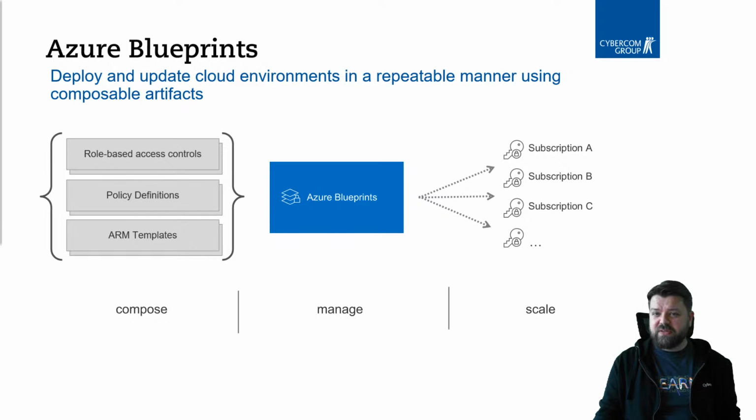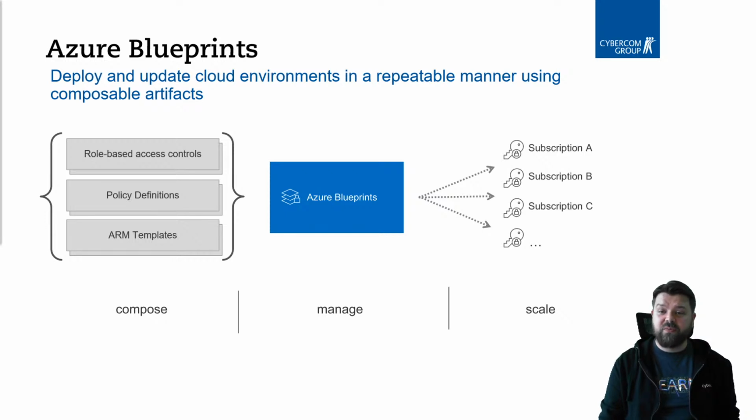Azure Blueprints. These are the enterprise landing zone controls where you set up and deploy environments in a repeatable manner. Blueprints, which is shown here in the middle, have something in them, and those are normally role-based access controls on what permissions everybody has, policy definitions, which I talked about previously, or even ARM templates.